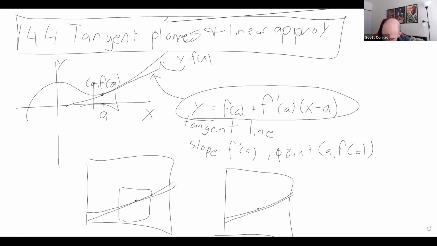So that means if your x value is really close to a, the value of the function, the y value on the graph, is really close to the value on the line.